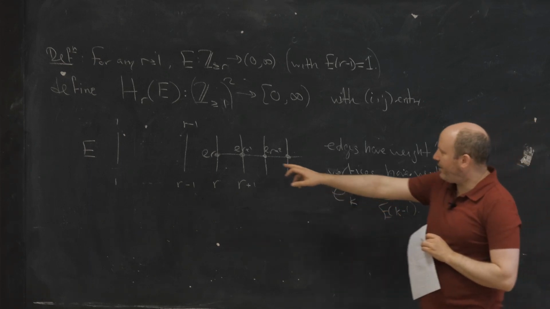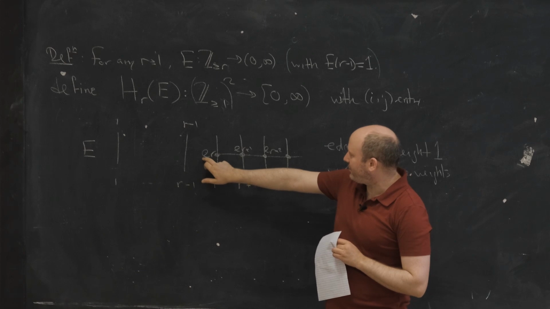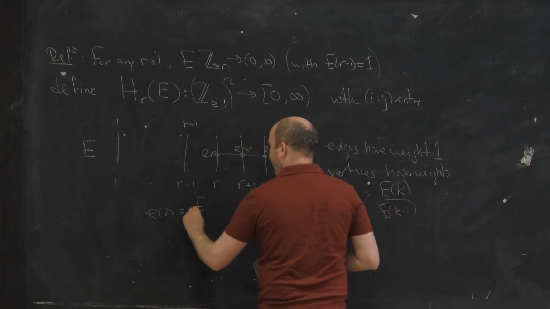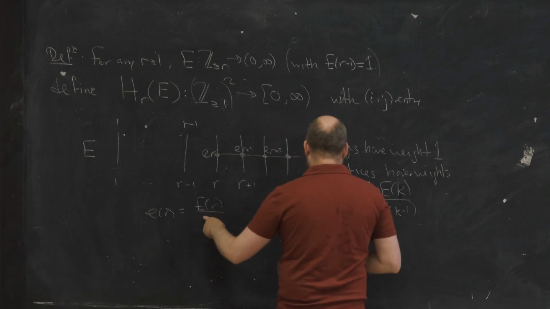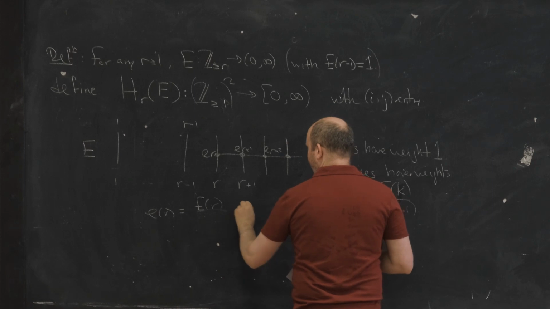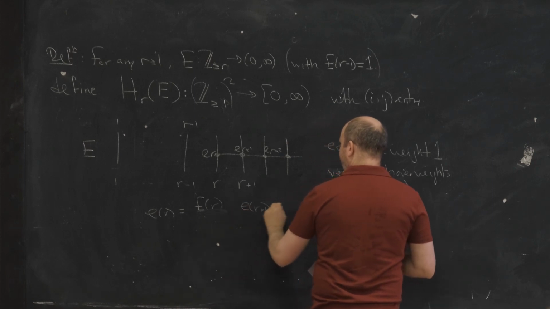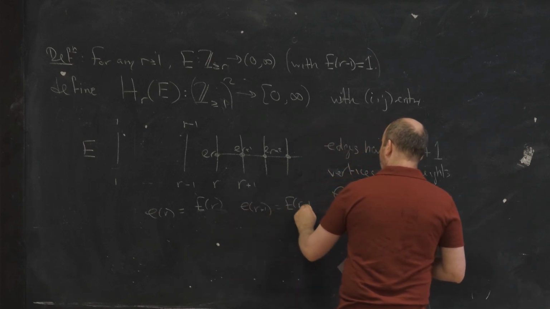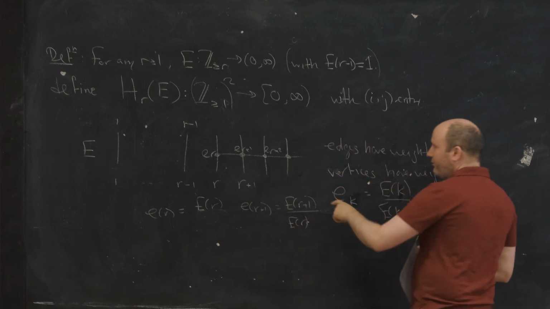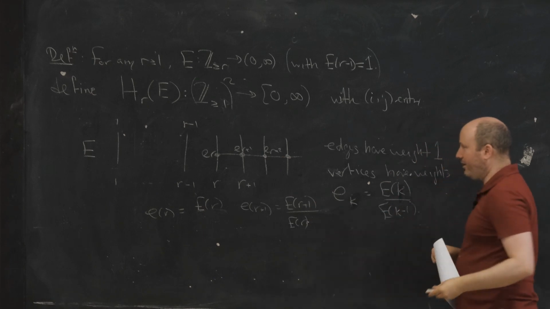So the number that sits here, ER by convention, is capital ER over ER minus 1, which by this convention was 1, so it's just that. And then e_{r+1} is capital ER plus 1 over ER, and so on and so forth.